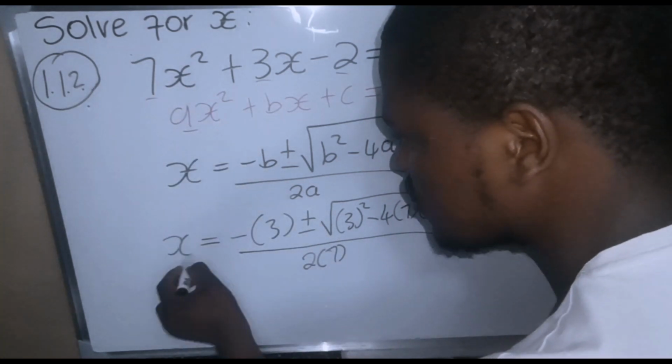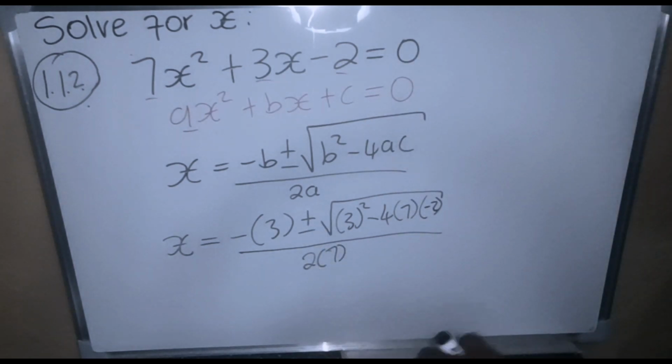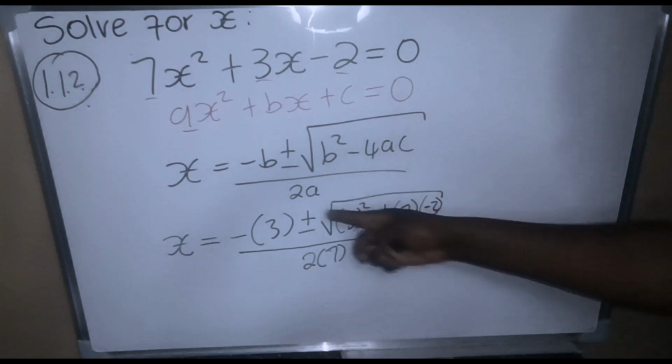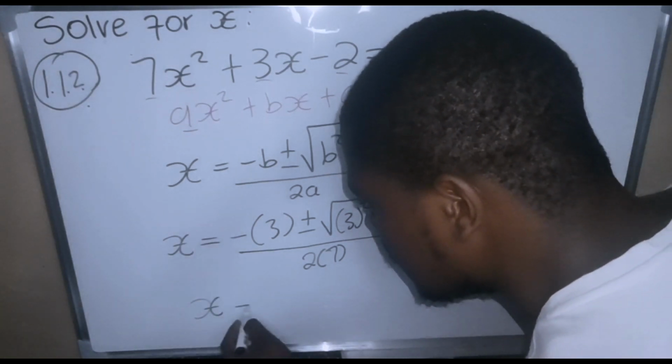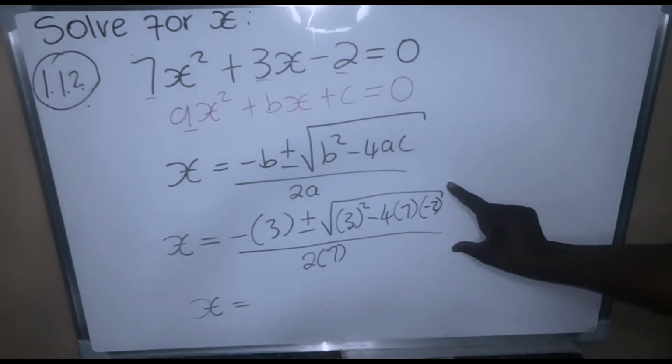Then you're going to have two solutions, plus or minus. It's your choice, you can start with either of the signs, plus or minus. You put the whole thing inside the calculator.